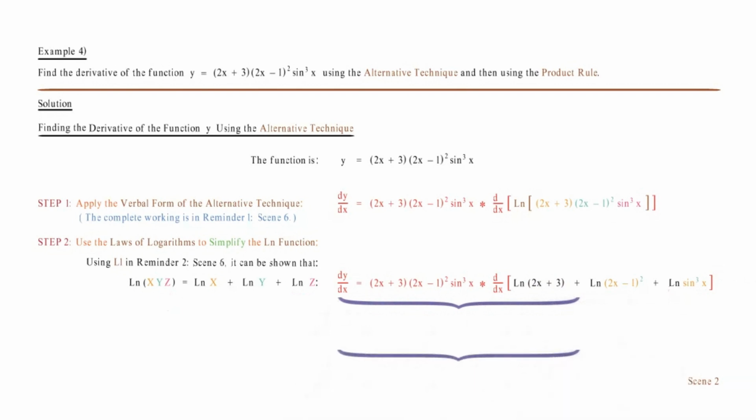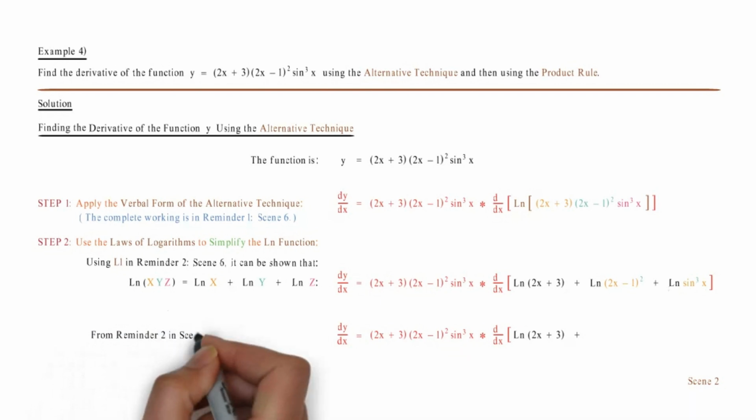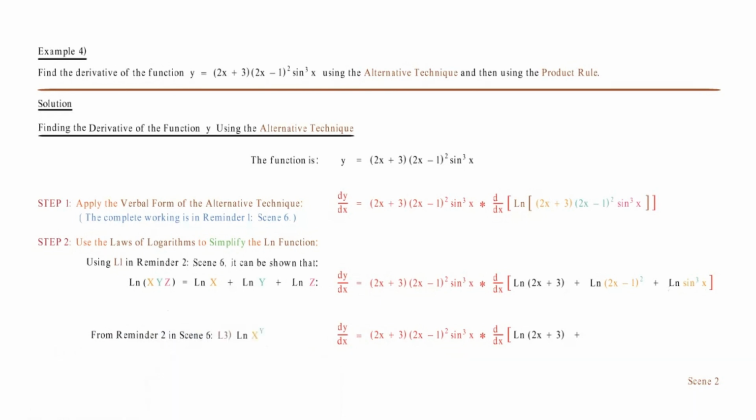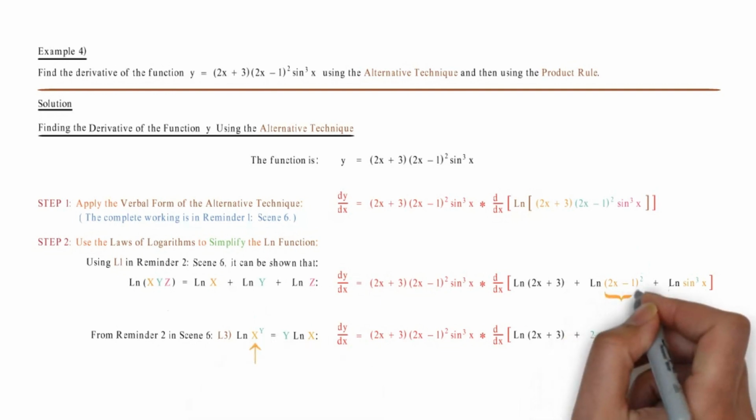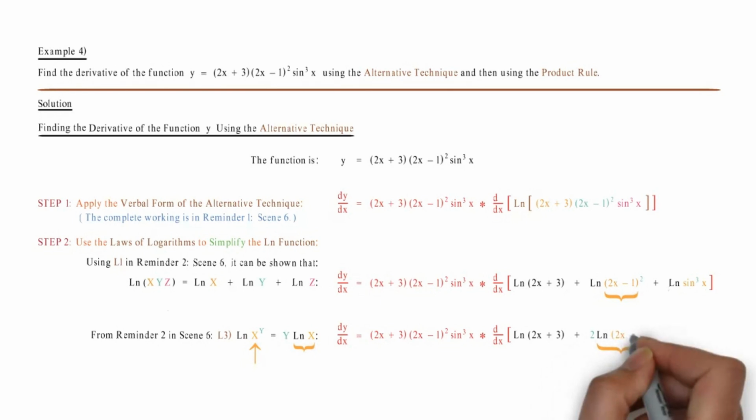Bring down. From Reminder 2 in Scene 6, ln of x to the power y equals y times ln of x. Since y is 2, replace y with 2. Since x is 2x minus 1, ln of x is ln of 2x minus 1.